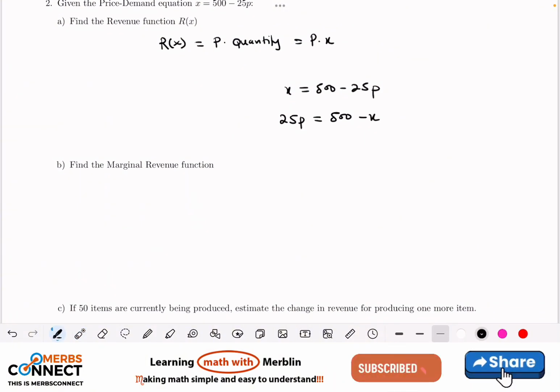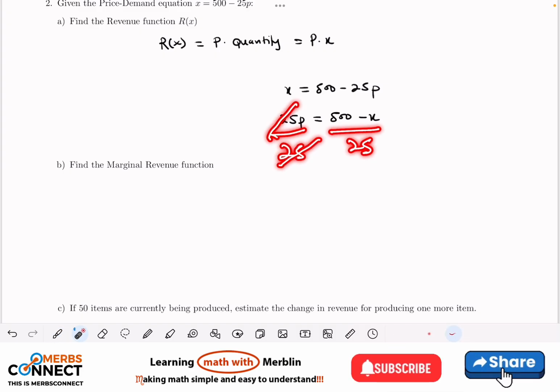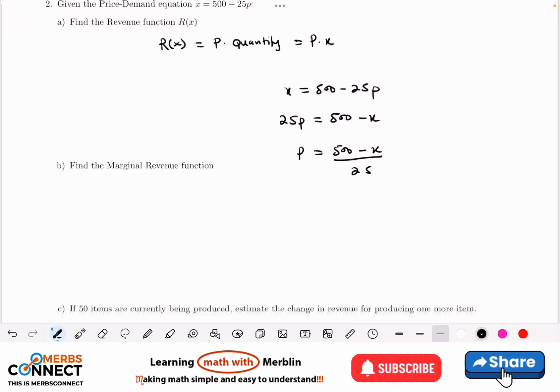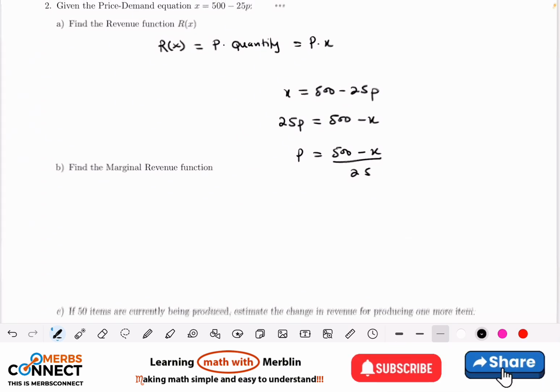X. Then the next thing to do is I'll divide this one by 25 and divide this one by 25. So 25 will cancel the 25. So we are going to have p equal to 500 minus x divided by 25. So this is going to be the price.